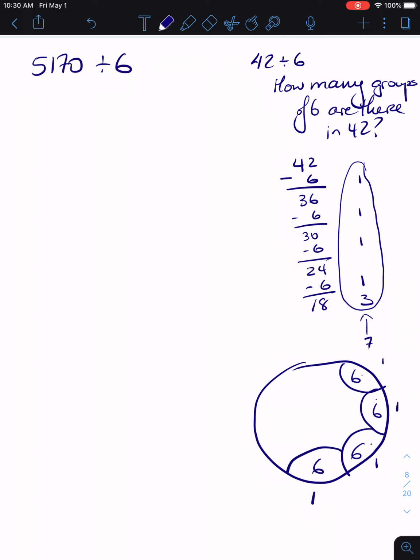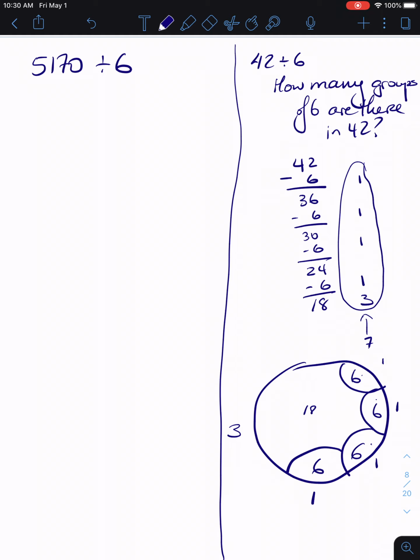And another group of 6, that's 18 left. So they know it's 18 now, and that's 3 groups of 6. This is really what they're doing. They're biting off chunks that they know are groups of 6, pulling out groups of 6 until they get to a place where they know how many groups of 6 there are. So how do we transfer this to much larger numbers?